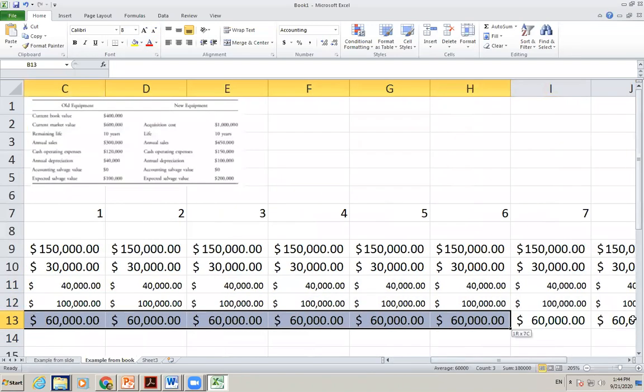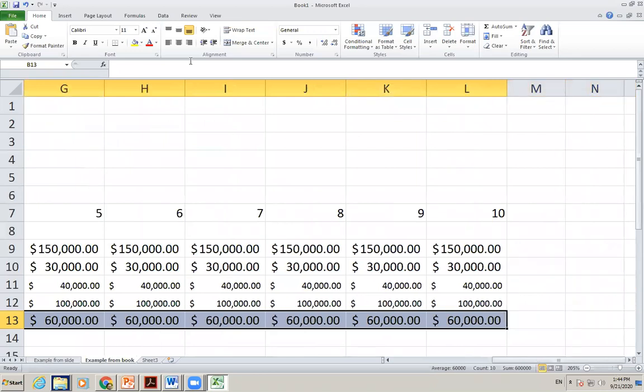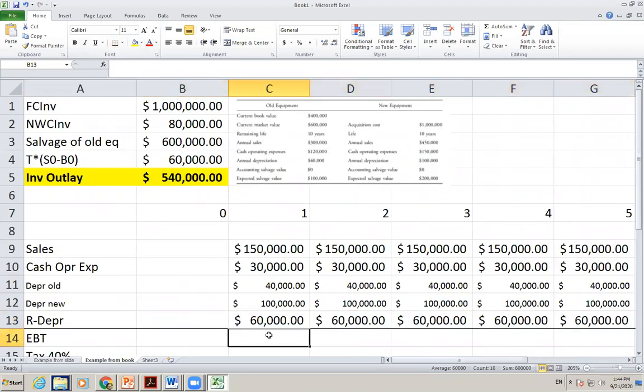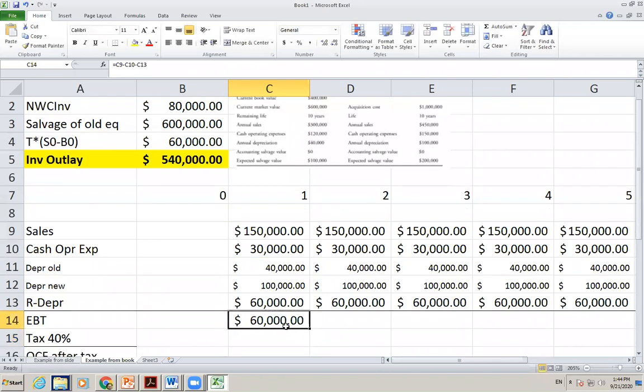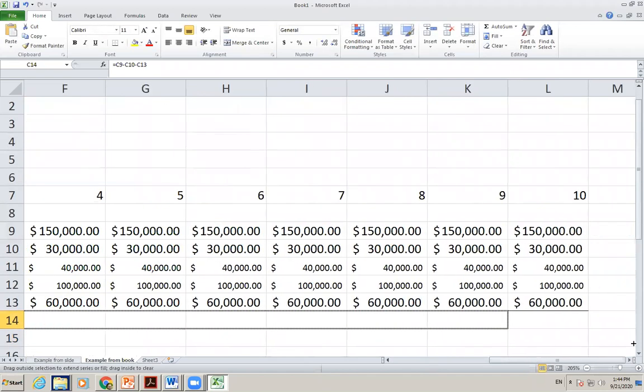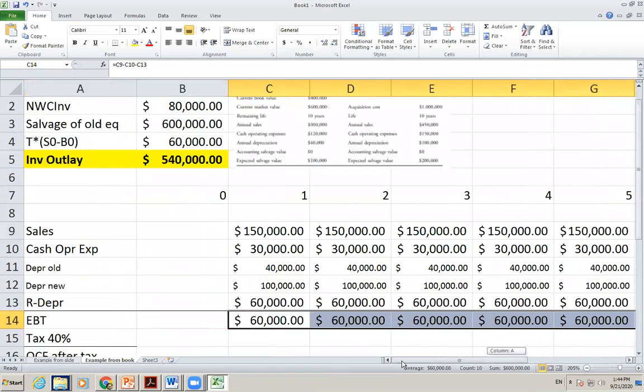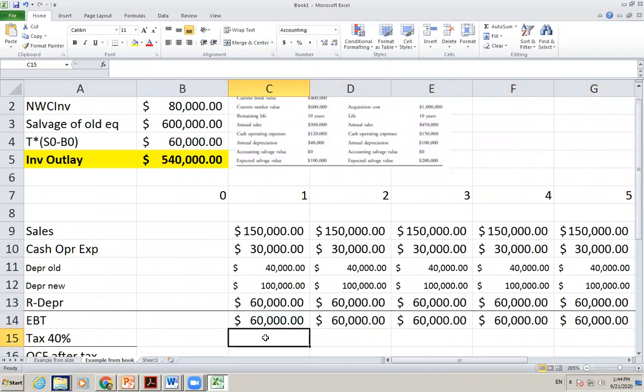And my EBT, earnings before tax, will be the following: sales minus cost minus depreciation. This is my EBT, and it's the same for all. Then it should be taxed by 30%, sorry, the tax rate is 30%.